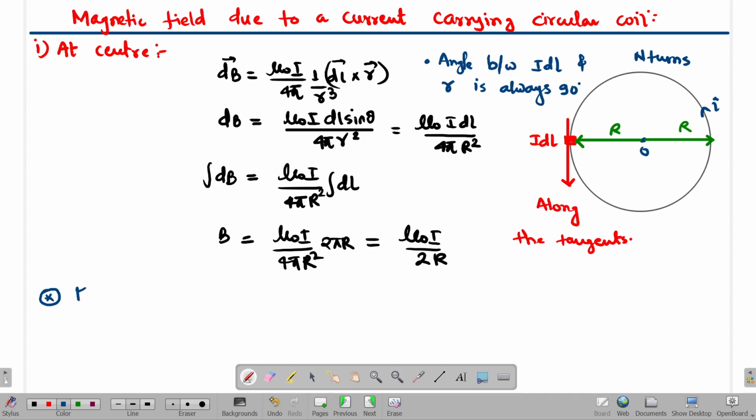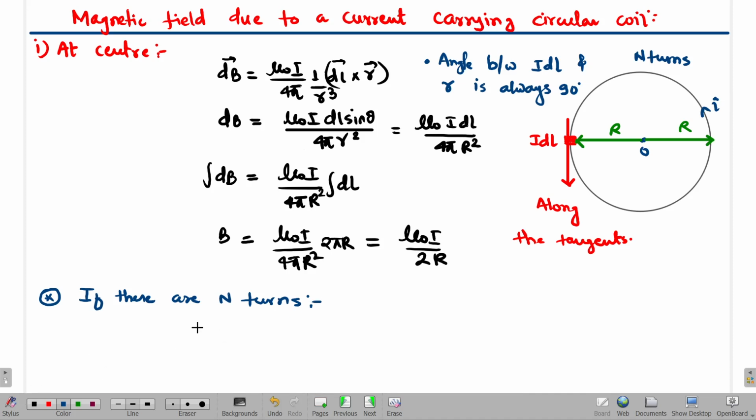If there are n turns, then the magnetic field at the center is given by the formula mu naught N I by 2r.